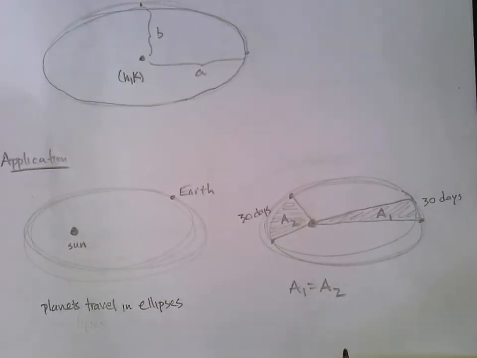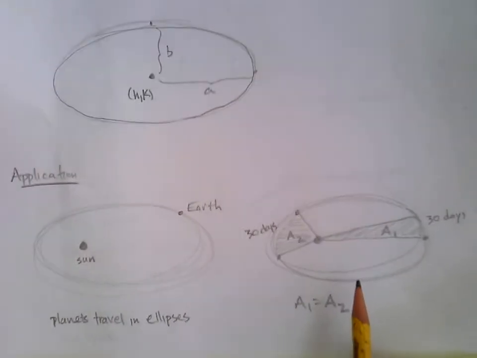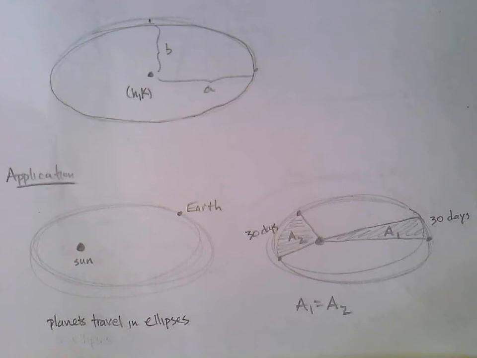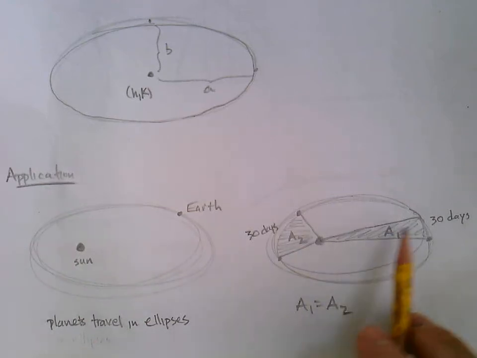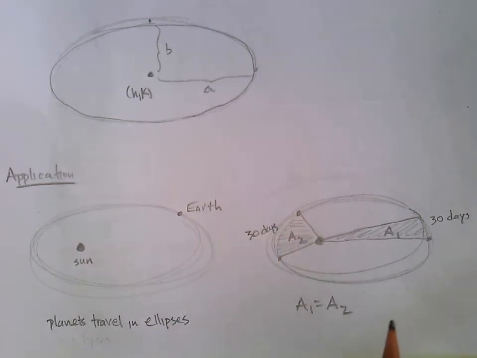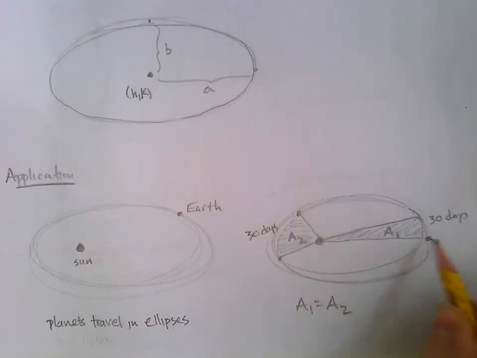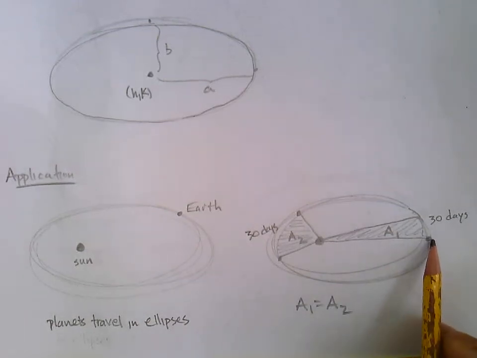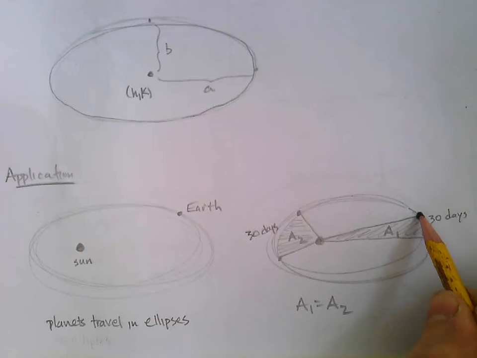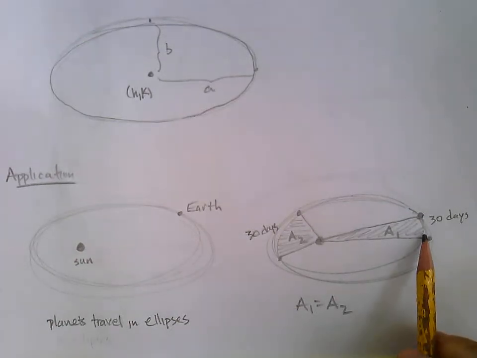How about this? What is this? Okay, so this, still think about maybe Earth going around the sun. So I've got the path of Earth. So imagine Earth is right here. And then 30 days later, the Earth is right here. All right, so it took 30 days to go that distance.